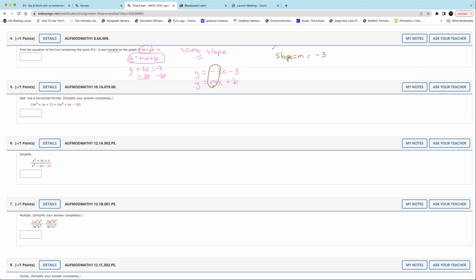And I have the negative 3 slope and I have the point, so I'm going to use the point-slope form, because I have the point and the slope, which is y minus y1 equals m times x minus x1.